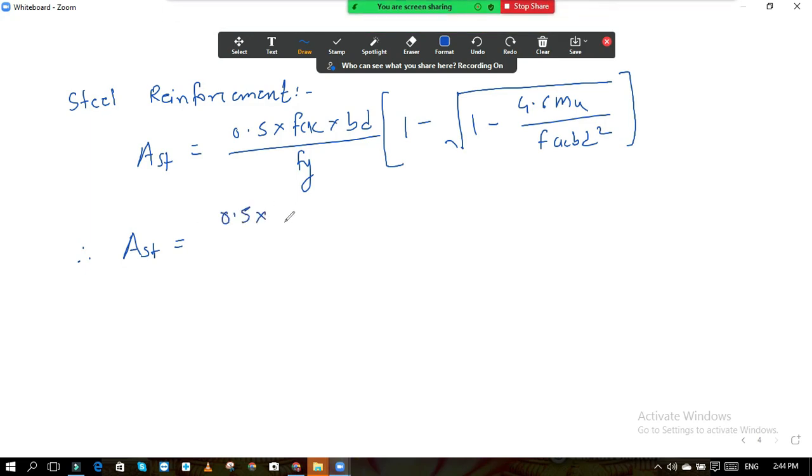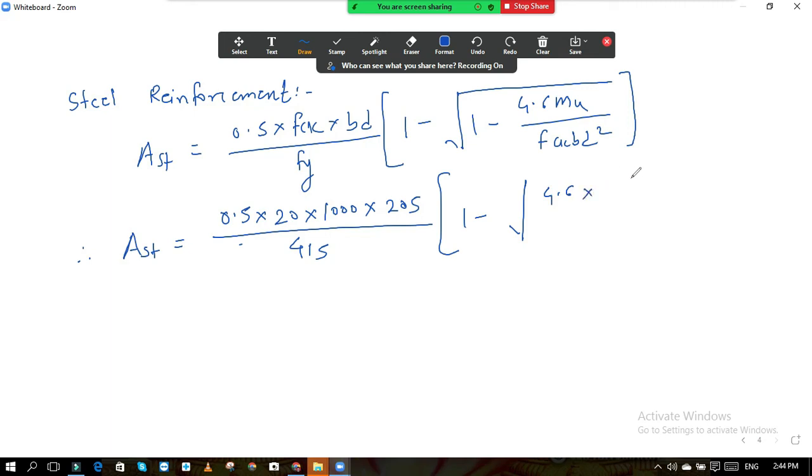0.5. So I am writing down the values. You tell me the answer.